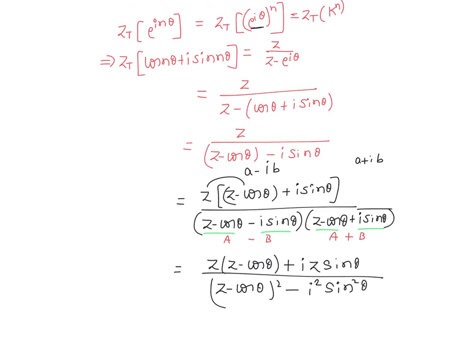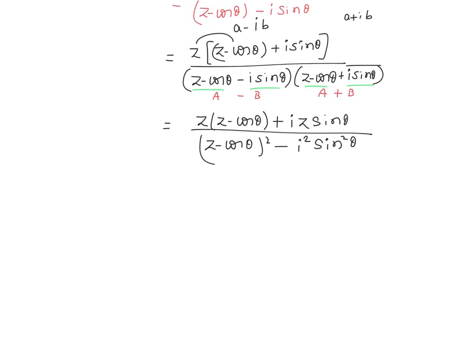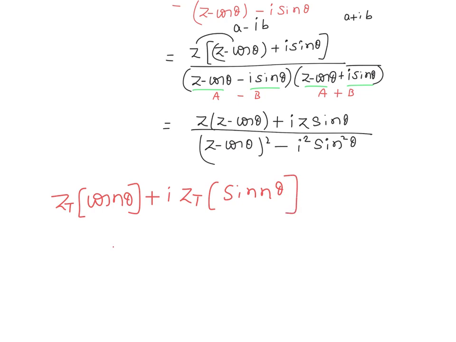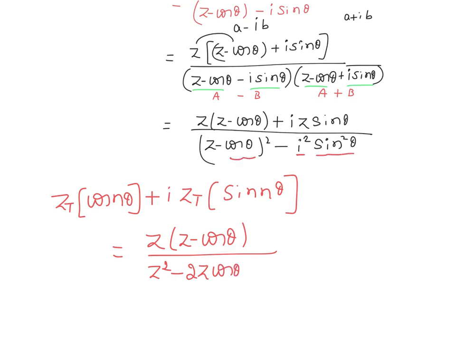On the left side, we have the Z transform of cos n theta, which is real, and the Z transform of i sin n theta, which is imaginary. So the left side is the Z transform of cos n theta plus i times the Z transform of sin n theta. On the right side, z into (z minus cos theta) is real, divided by the complete denominator, which when you expand is z square minus 2z cos theta plus cos square theta plus sin square theta, because minus i square is plus 1.